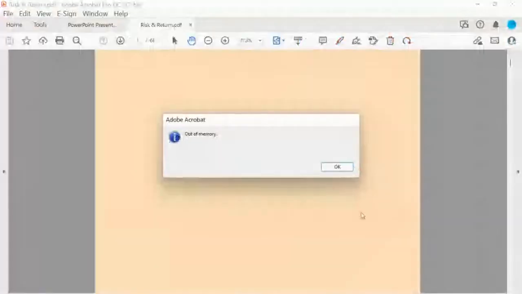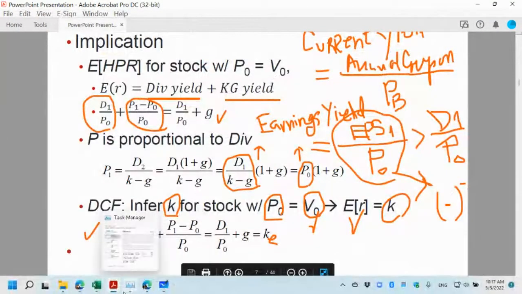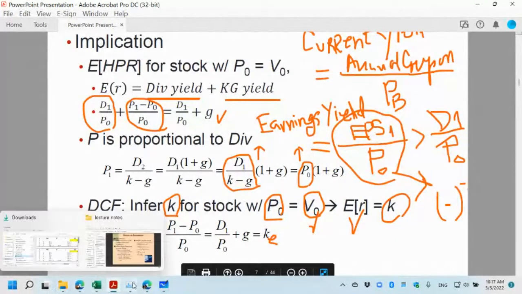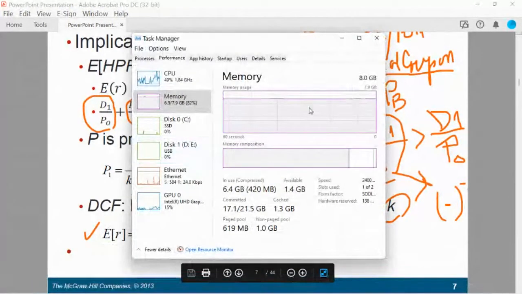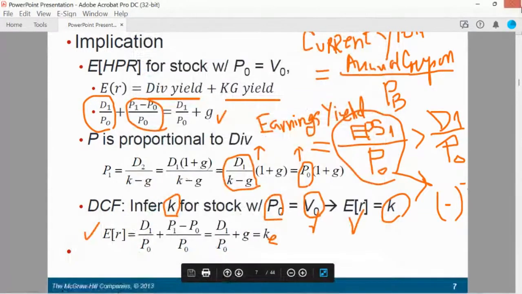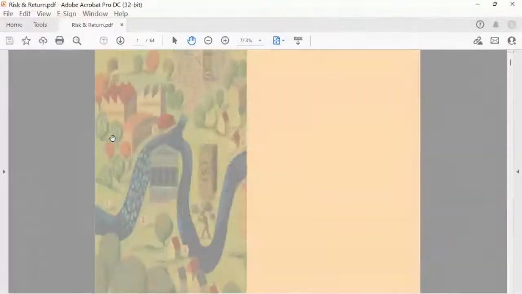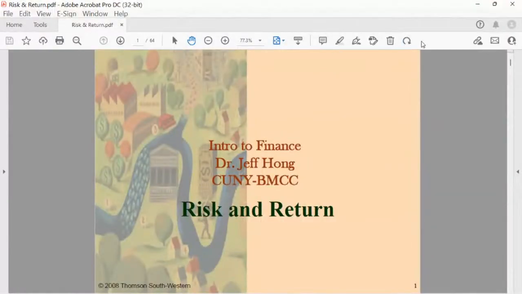Now, why is it still doing this? I killed off a lot of things, and I have more memory now. What if let me completely, okay, reopen it. Close and reopen. Oh, okay.